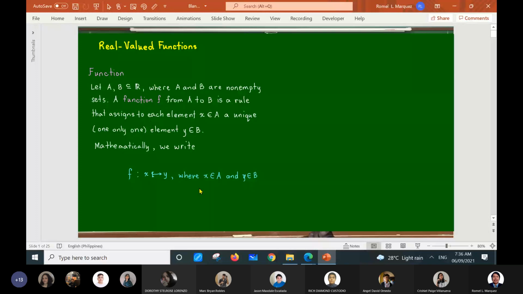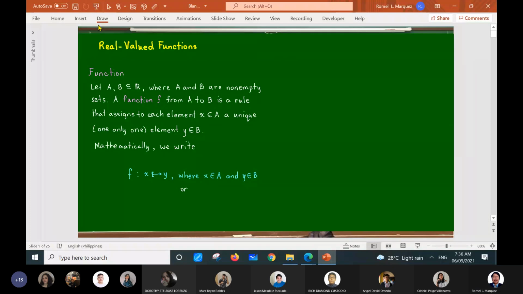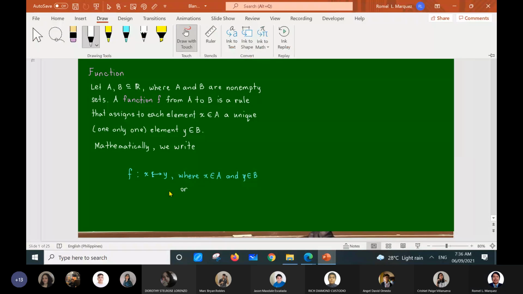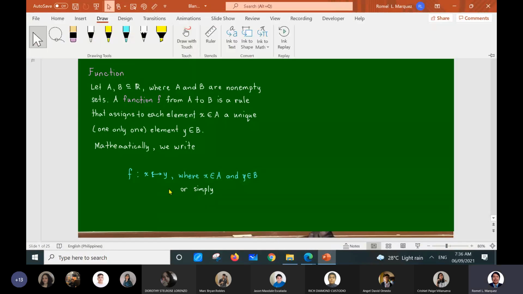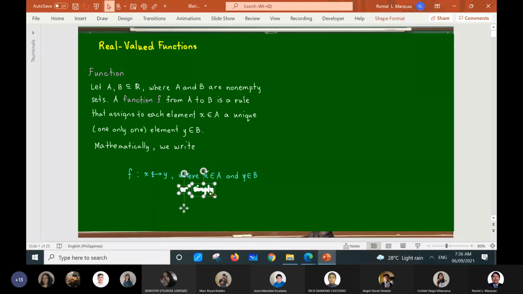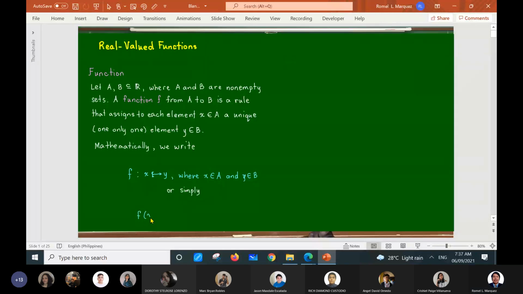Or we simply write f of x is equal to y, so y is equal to f of x for simplicity.